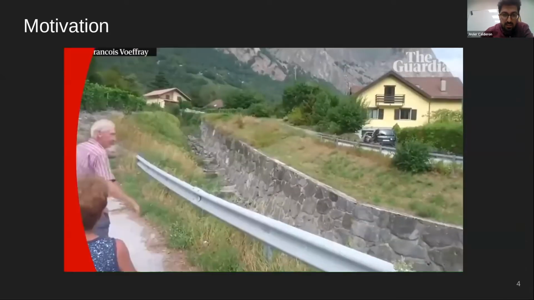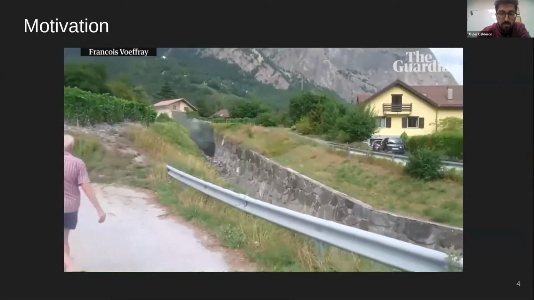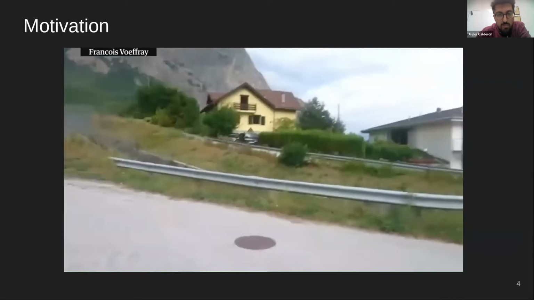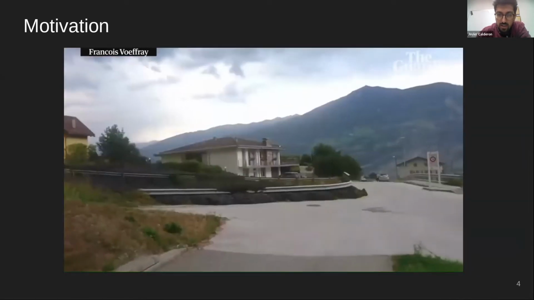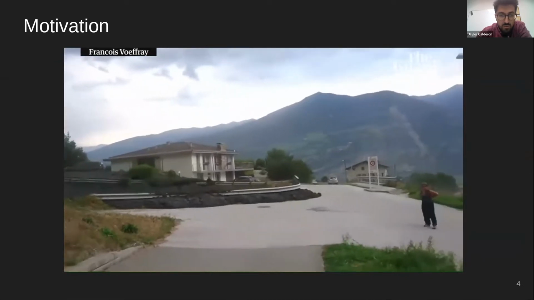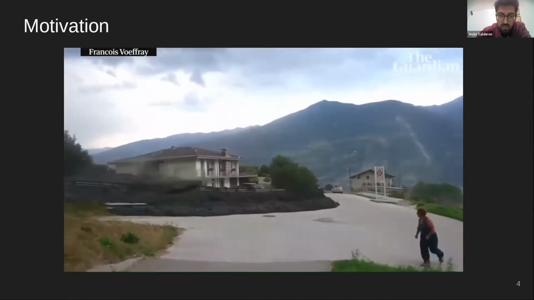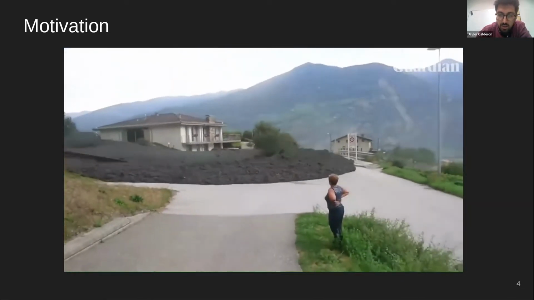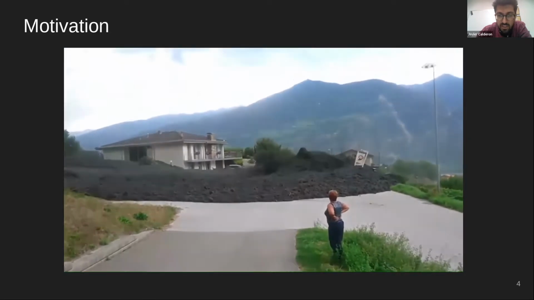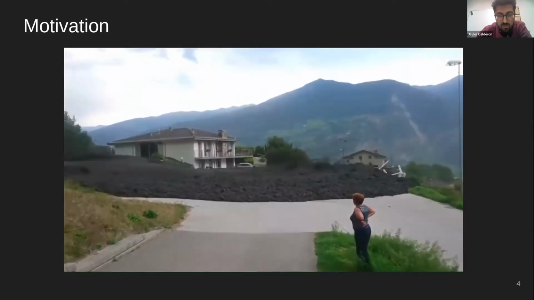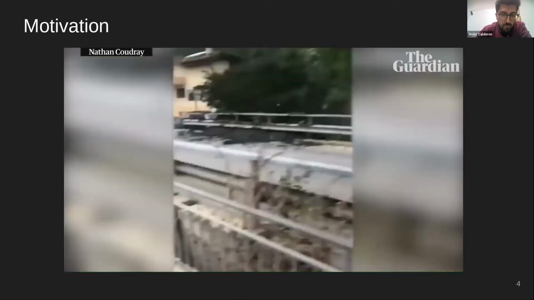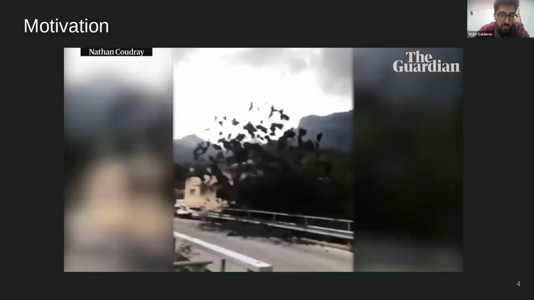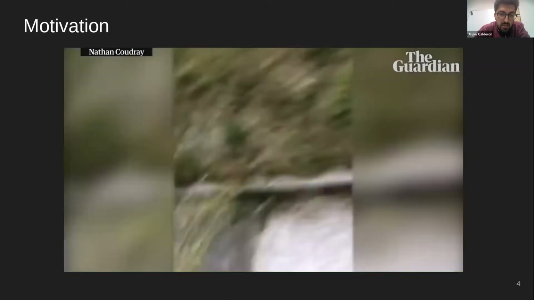So just as an example of what to expect in one of these events, this in particular happened in Switzerland, but you can see what kind of flows, what kind of properties you can expect, and also which are the damages that they might cause to the infrastructure or houses, or even a risk for people, because the fluid advancing has a lot of strength and impact.